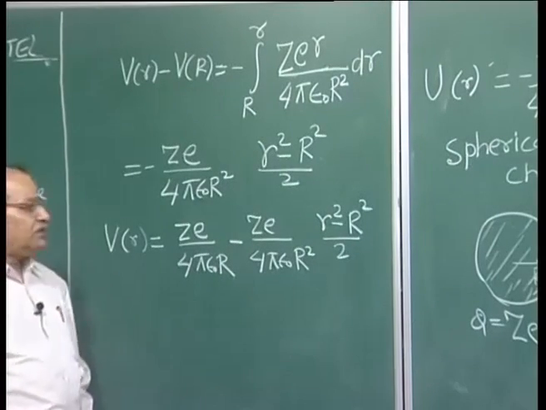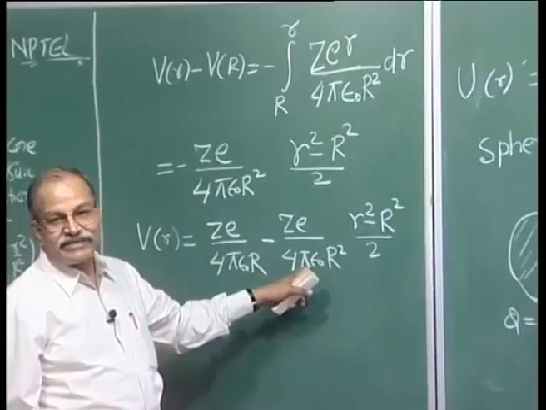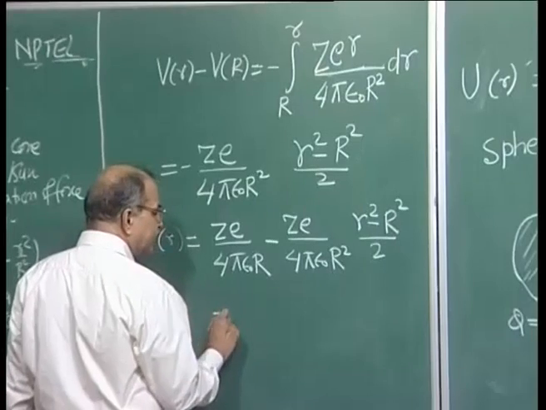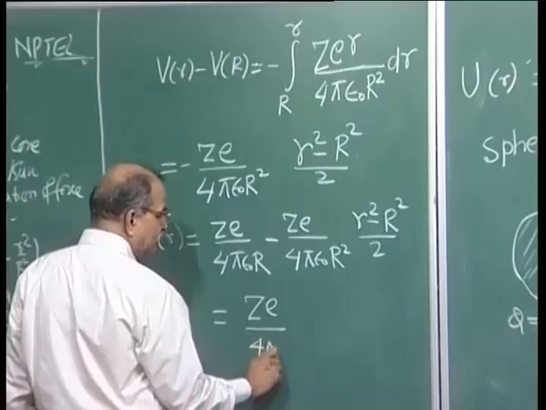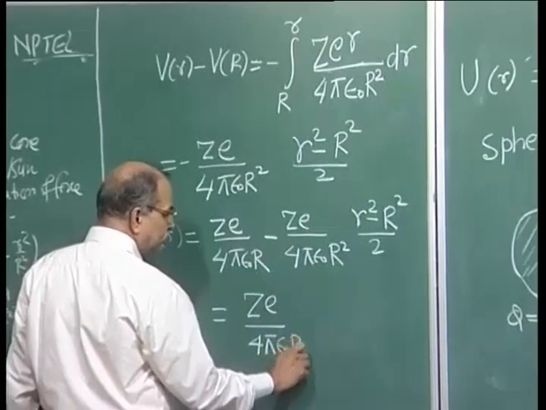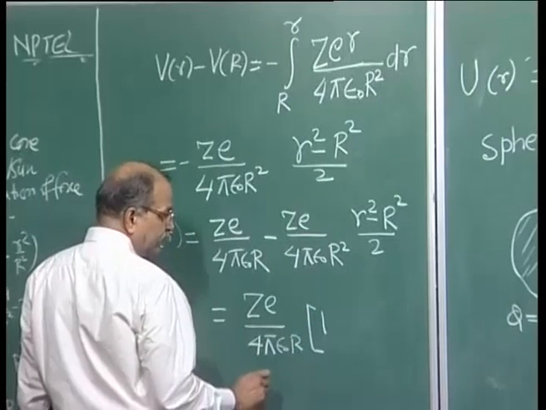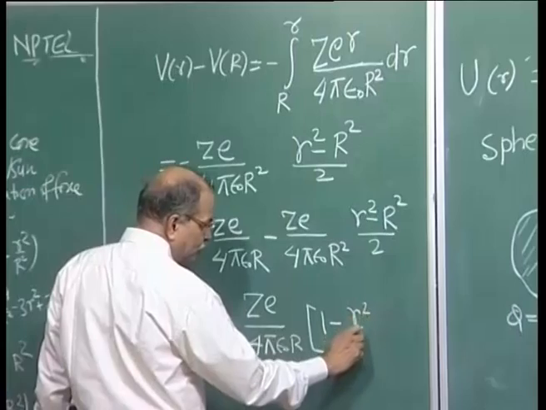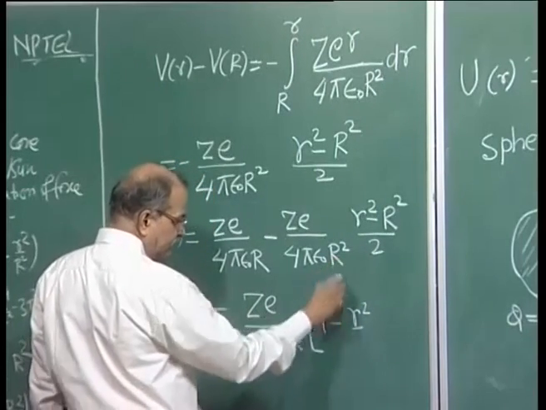I have gotten the potential at that distance r. Can make some simplifications. I can take something common, Ze by 4 pi epsilon naught R common. So, it is 1 here and then it is minus r square by 2.